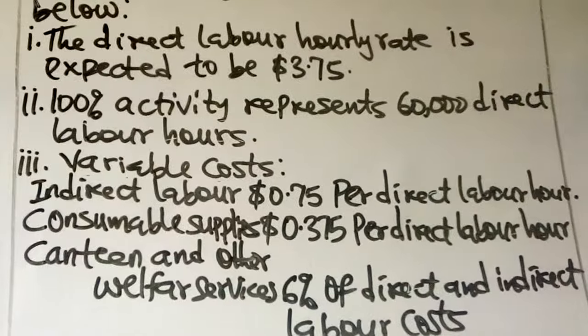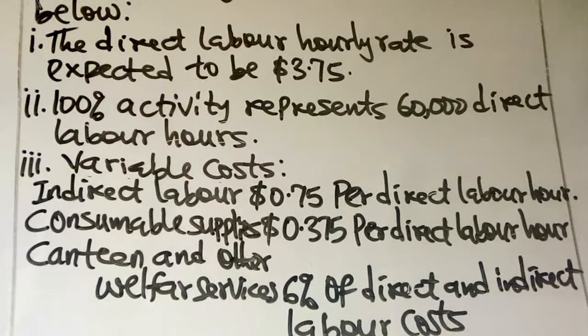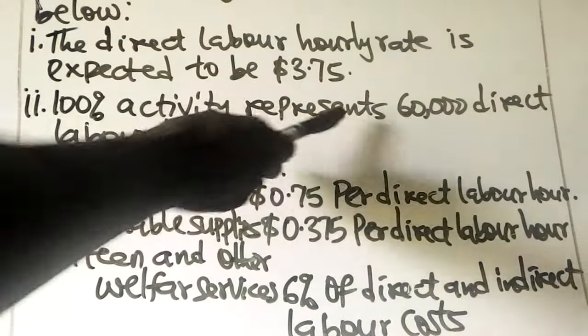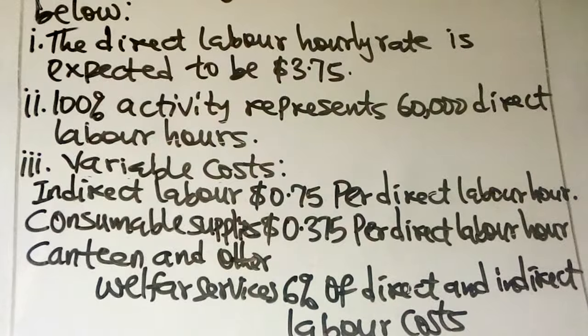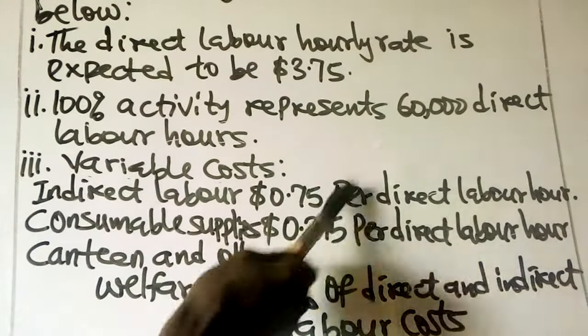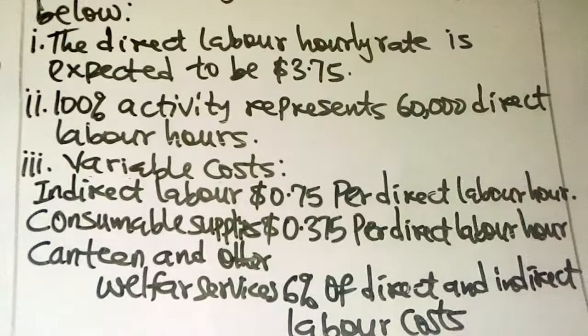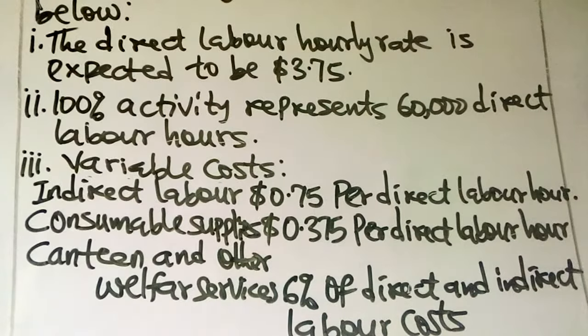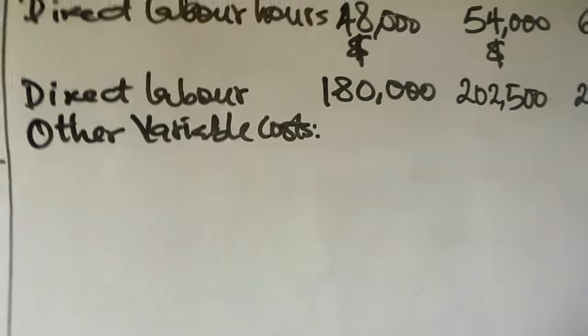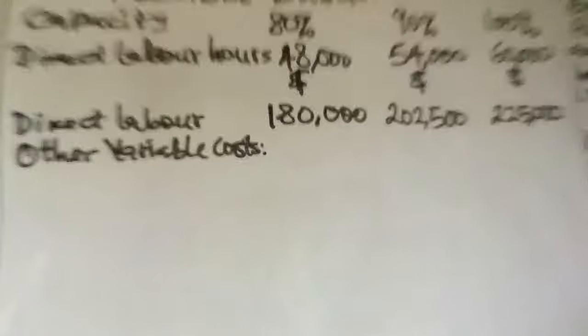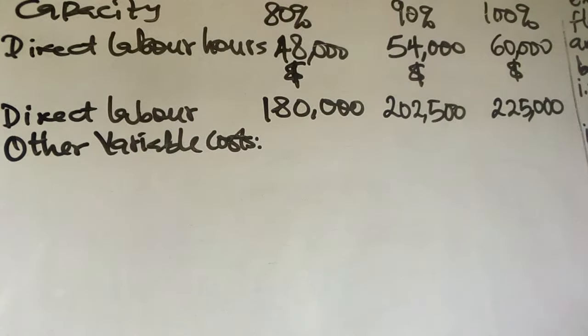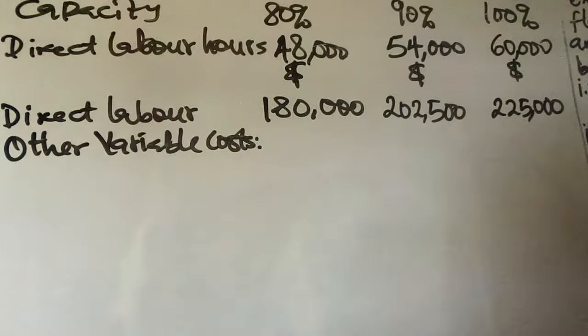Note 2: you were told 100% activity represents 60,000 direct labor hours, which shall be considered. Then note 3, variable cost: indirect labor is 0.75 per direct labor hour.